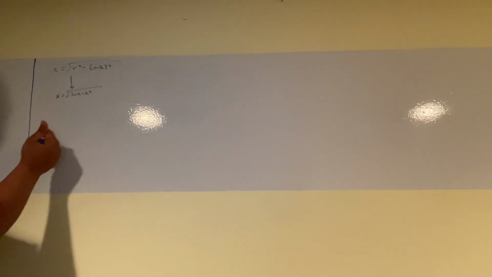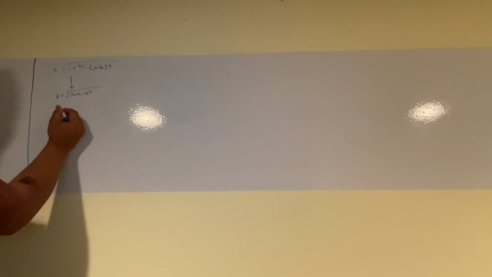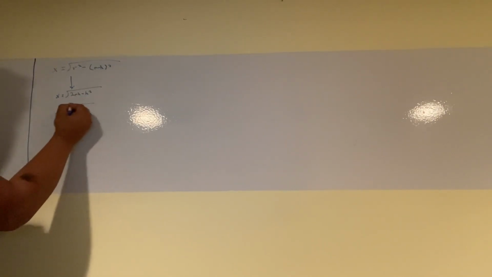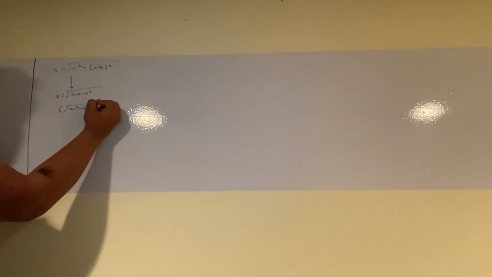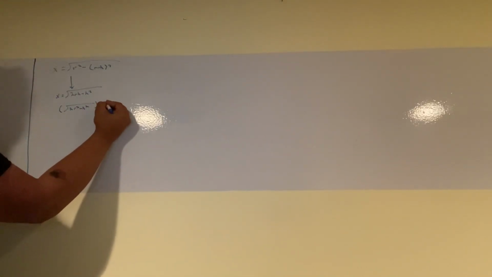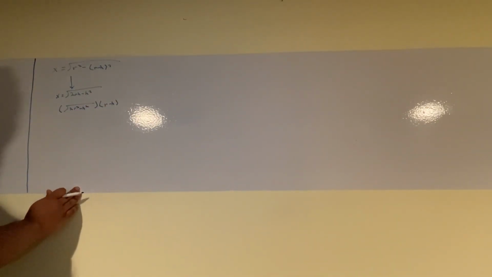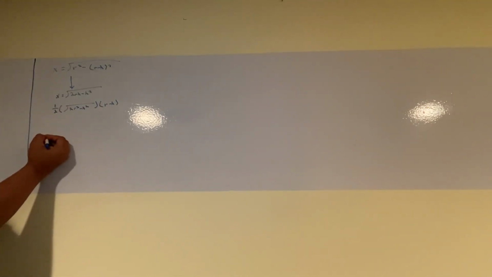So we multiply this by 1/2: the square root of 2rh minus h squared is the base, and r minus h is the height, times 1/2.